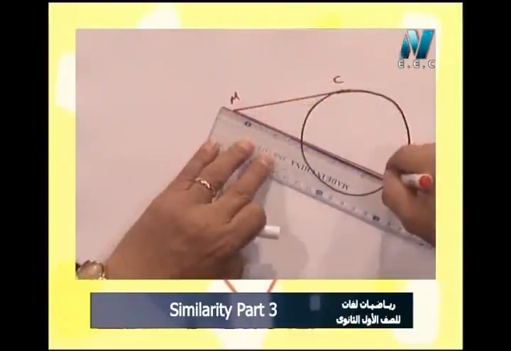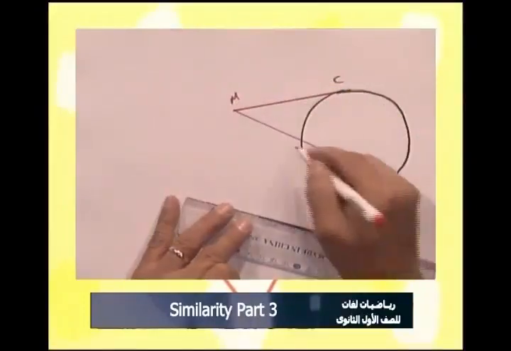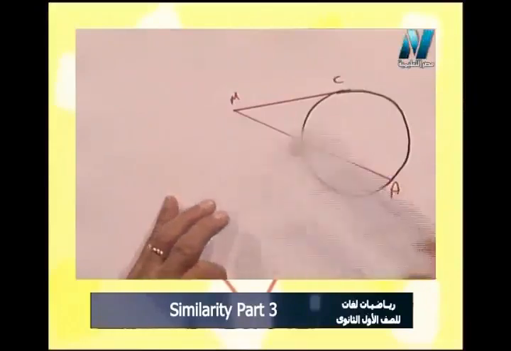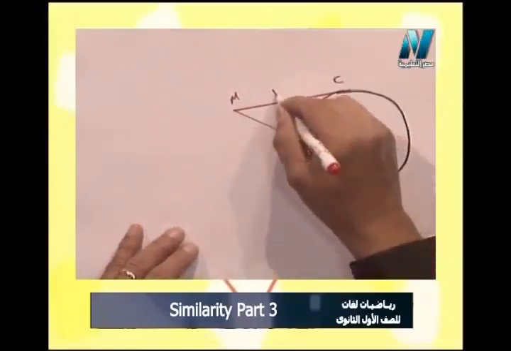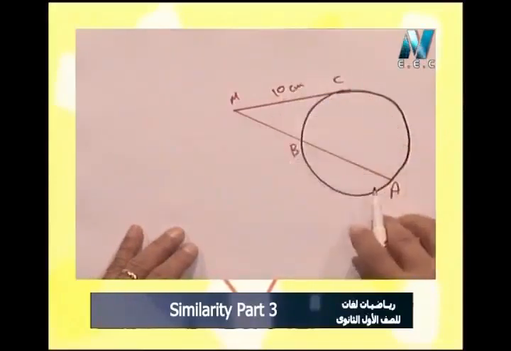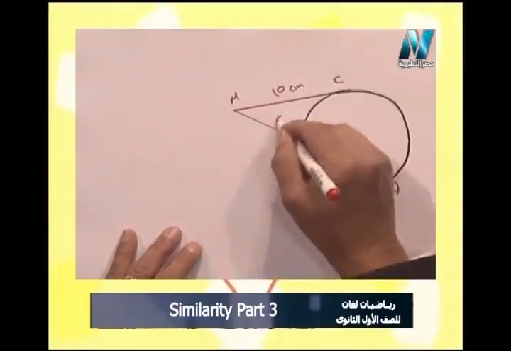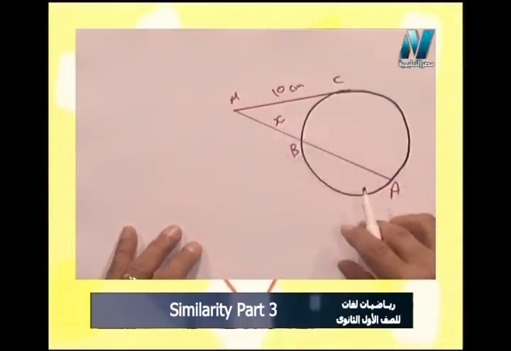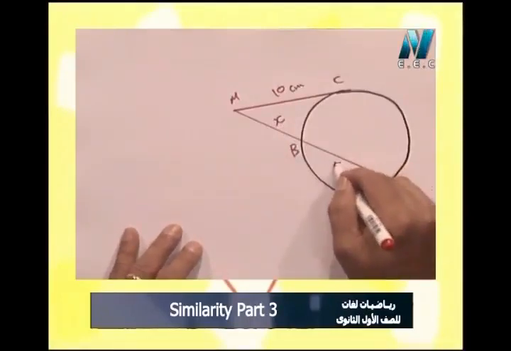It cuts the circle at two points, one of them A and the other point B. It's given that MC equals 10 centimeters, and MB is X, and this part equals 15.